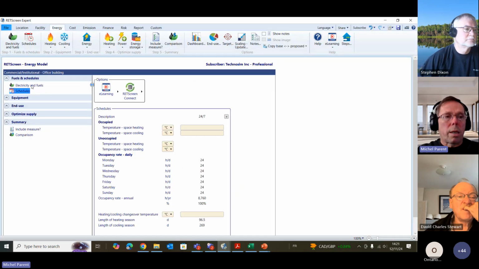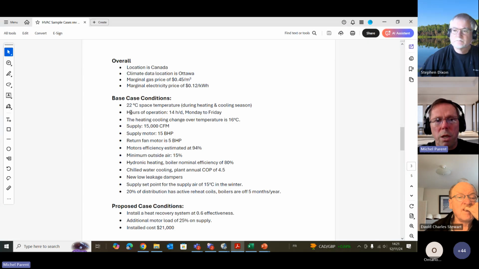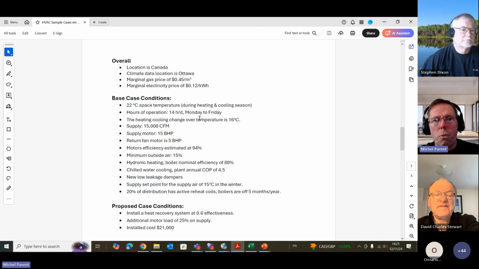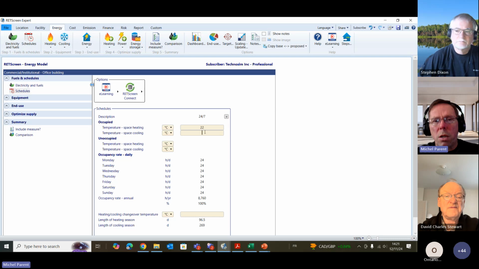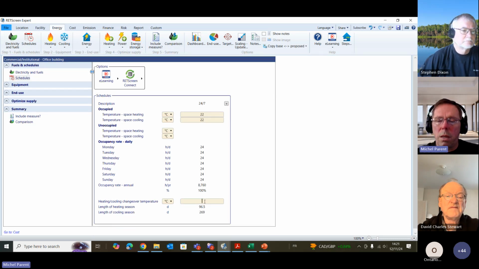So once we've got that, as before, we go to schedule. So we look at what the sheet says. It's 14 hours per day, Monday to Friday, with a changeover temperature of 16, and we keep 22. So as before, just for proper definition of the system, we're going to enter anything in the blank spaces.